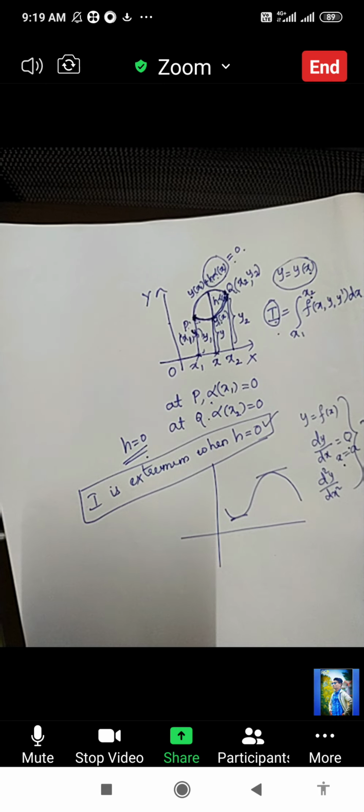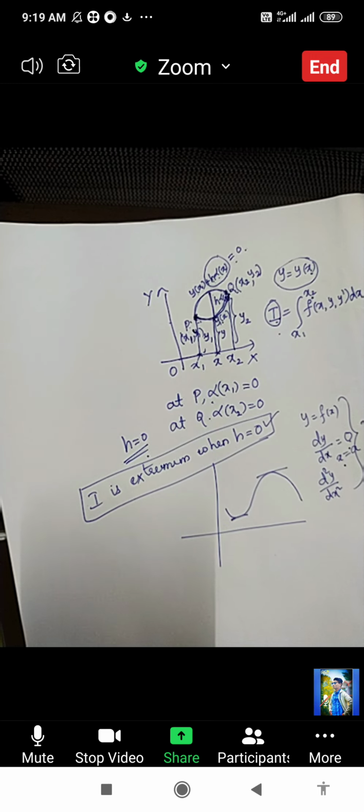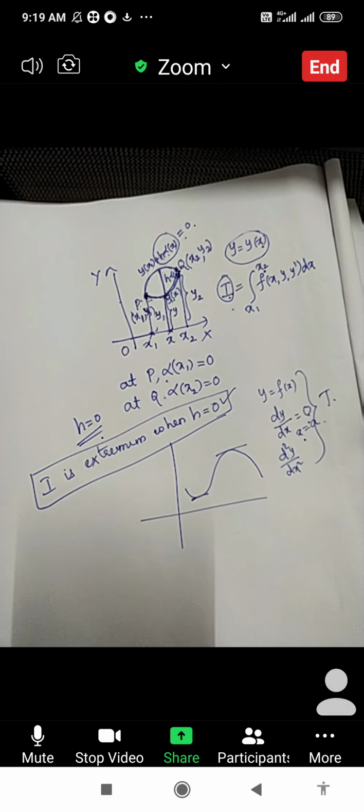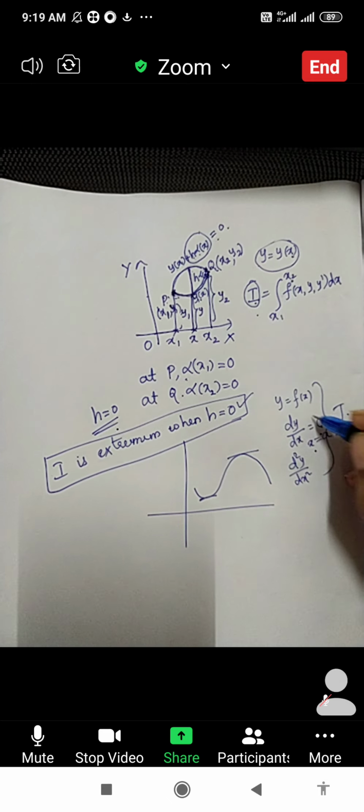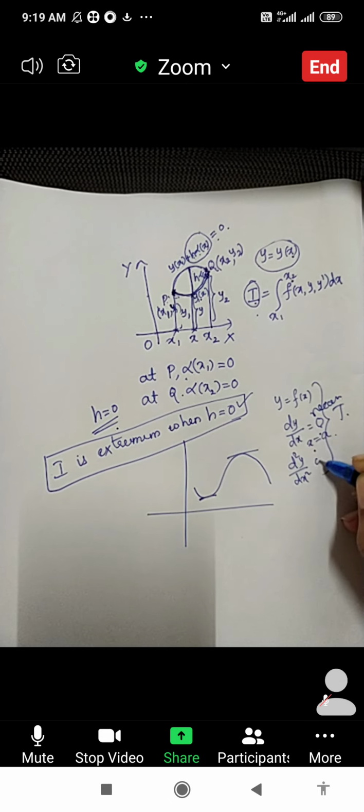I'm asking about the necessary condition. Read out the first result what you have written. Y equal to f of x has maxima or minima if... First order should be 0. This is necessary condition. Either necessary condition, or sufficient condition.